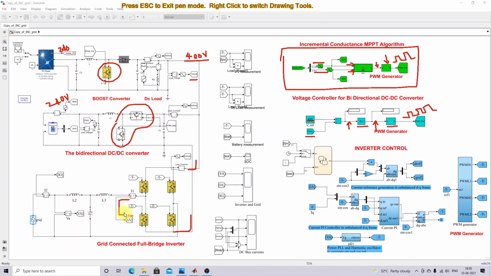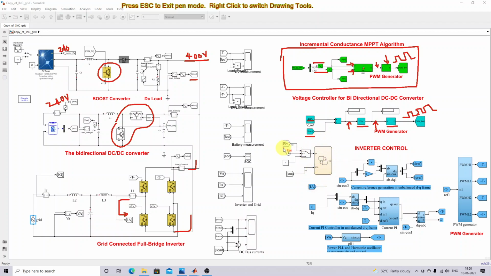Okay, so this actual current is considered the actual current from the inverter output. So in current control we need to generate a current reference, and in order to generate the current reference, we are using some logic here, right?